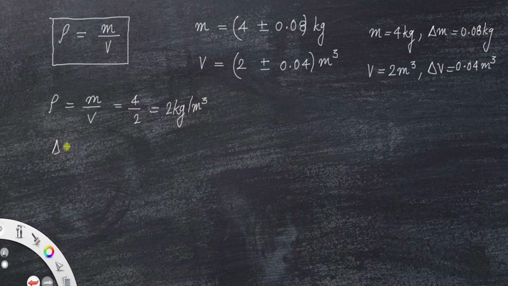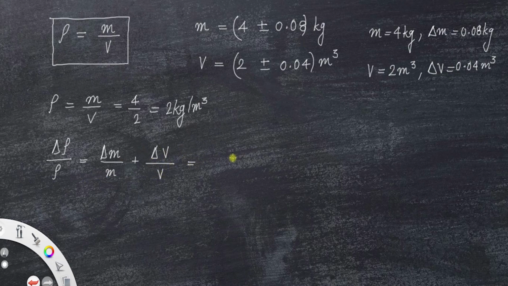Now we know the relative error in the density. This is a combination of error in quotient or division. So relative error in density is equal to the relative error in mass plus the relative error in volume.